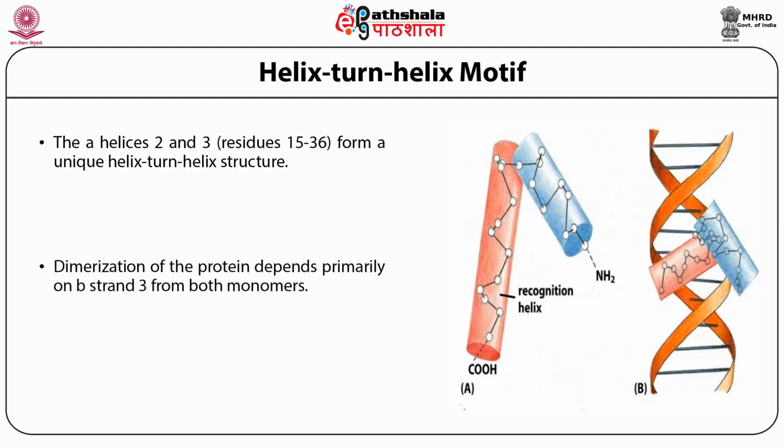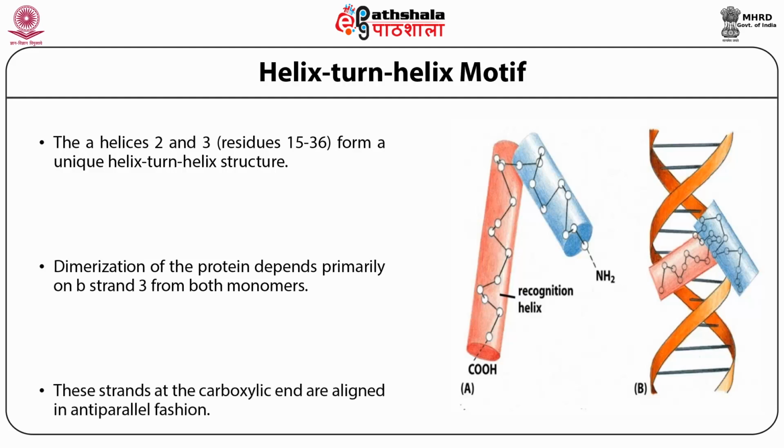Dimerization of the protein depends primarily on beta strand 3 from both monomers. We saw that in the previous slide. These strands at the carboxylic end are aligned in an antiparallel fashion.